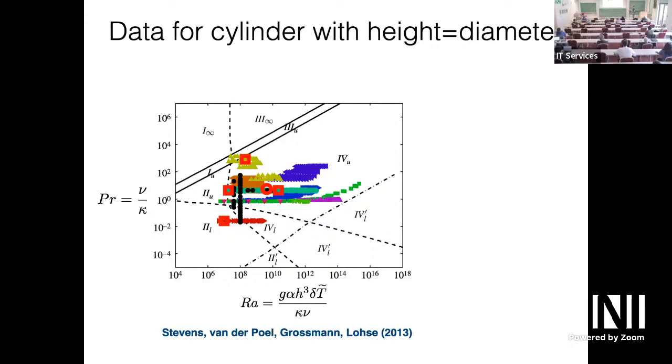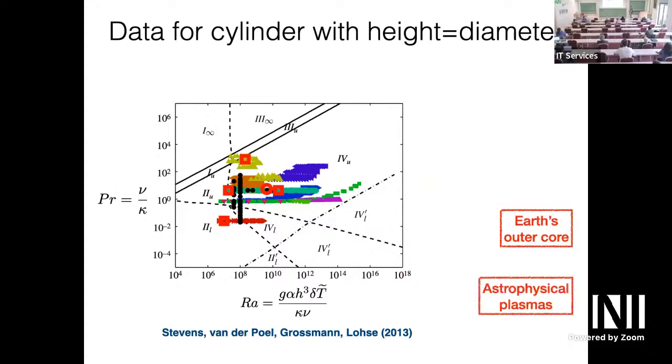Is this sort of a wide enough range to tell us about applications or to give us indications of asymptotic scaling? Well, the Earth's outer core, I couldn't even really draw these to scale because they would be off the screen. But the convection of liquid metal in the Earth's outer core is, depending on how you estimate it, somewhere out here at a much larger Rayleigh number than 10 to the 18.